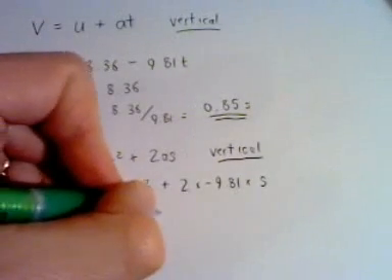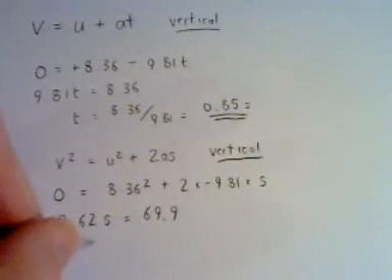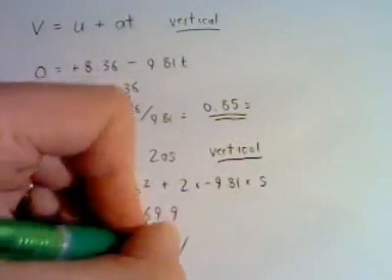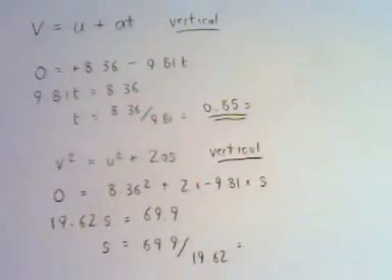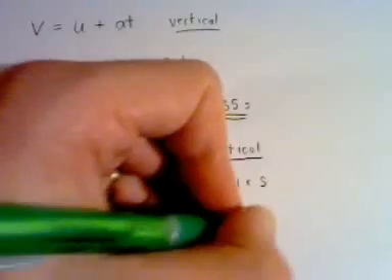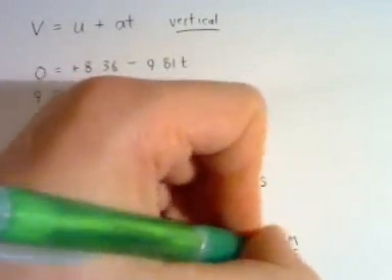8.36 squared is 69.9. So s is 69.9 divided by 19.62, which is 3.6 meters.